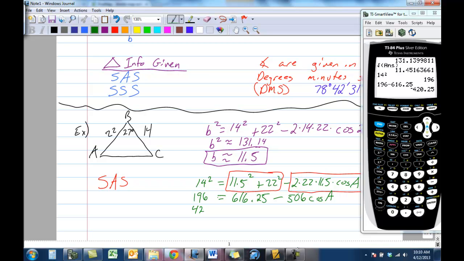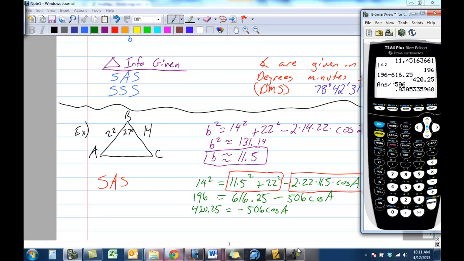So 420.25-ish is negative 506 cosine of A. So next thing you're going to do is divide by negative 506. Ew, that's gross. Right? So right now we're at 0.8305 is the cosine of A.